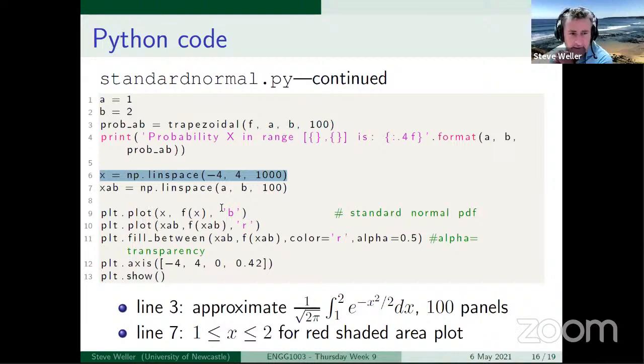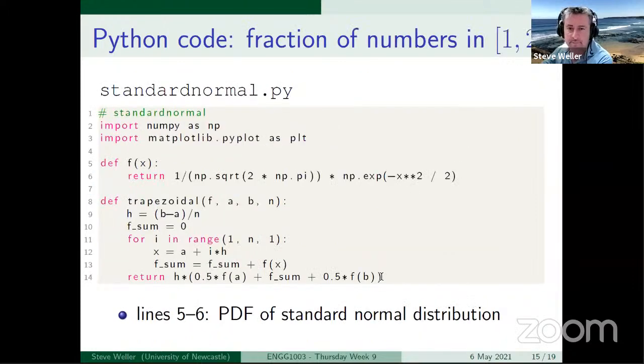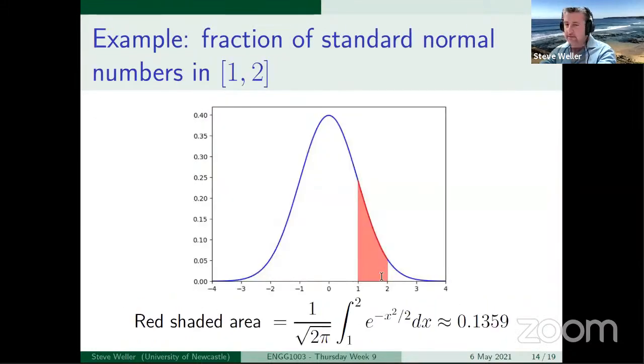Line 7 is the second most interesting line on this page, which gives us the X range corresponding to the red shaded area. Remember that what we're going to do is generate this plot, and here we need to focus in on the range between X equals 1 and X equals 2.